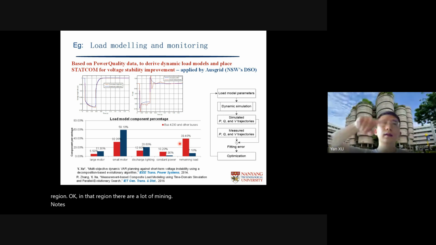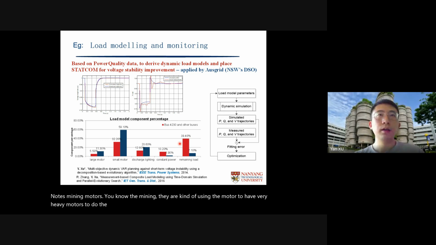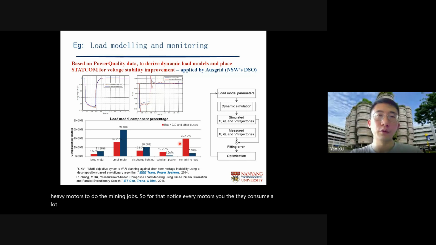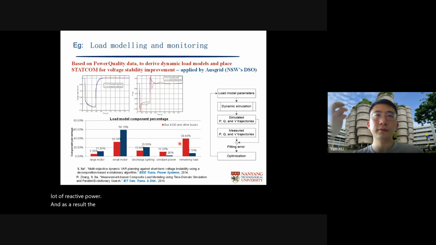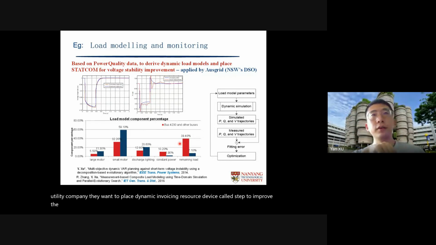The mining uses very heavy motors to do the mining jobs. These heavy motors consume a lot of reactive power. As a result, the voltage quality and the voltage performance are not that good. So this utility company wants to place a dynamic voltage resource device called StatCom to improve the voltage stability and the voltage quality.